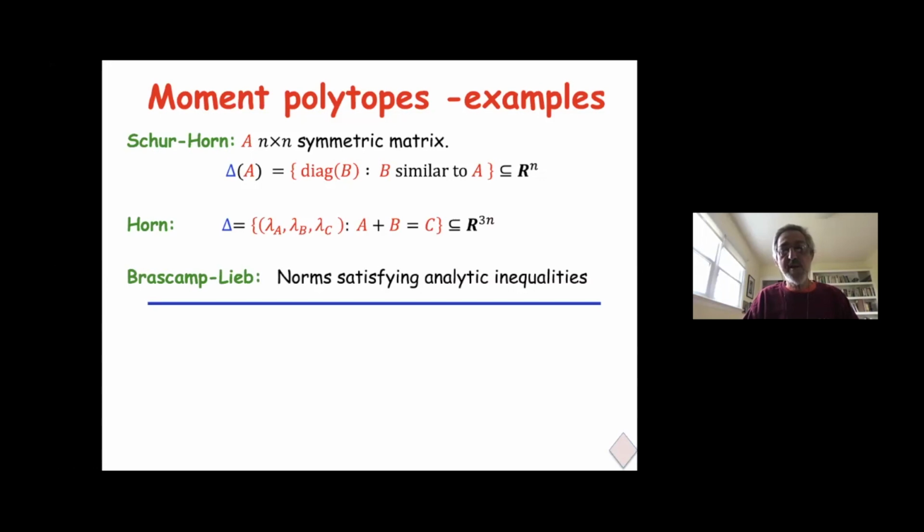I didn't get to discuss this, but I mentioned the Brascamp-Lieb inequalities, which include many inequalities that you know and love, like Hölder or Loomis-Whitney, or even some of the hypercontractive estimates. These are inequalities that involve norms. And if you ask what are all the norms that satisfy a particular type of inequality, they turn out to be a polytope.